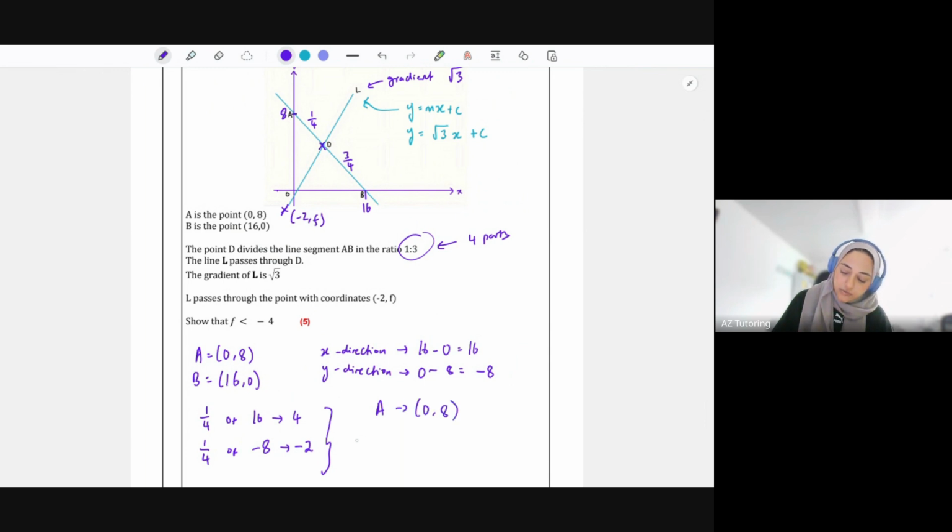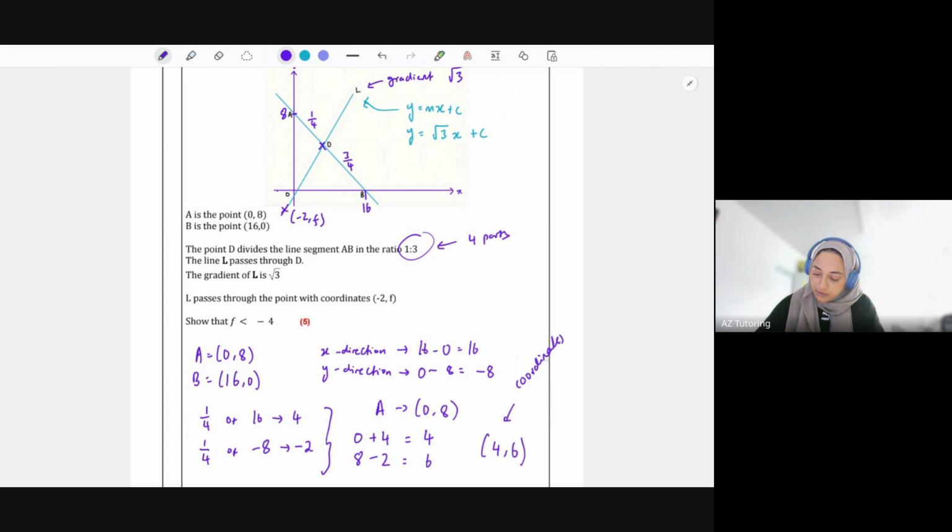So for the x part, I need to do 0 add 4, and for the y, I need to do 8 add minus 2, which is just 6. So 0 add 4 is just 4, 8 minus 2 is 6. Therefore, the coordinates of D are (4, 6).